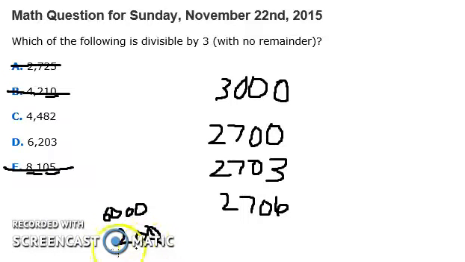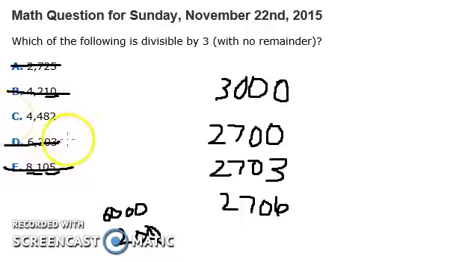So that means that 200 is not divisible by 3, which means that 6,200 is not divisible by 3. So if 6,200 is not divisible by 3, then adding 3 to it is not going to make it divisible by 3. So that one's out.